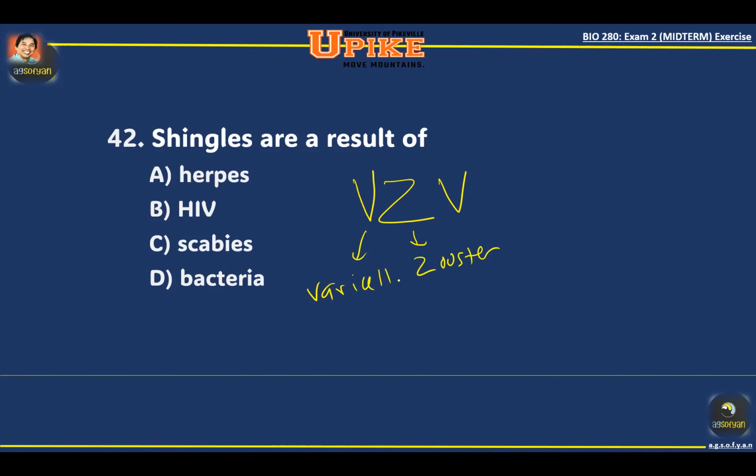If you have chickenpox when you are young, you might get shingles when you are older. So this is shingles, and this is chickenpox. They come from the same virus, which is a type of herpes virus.